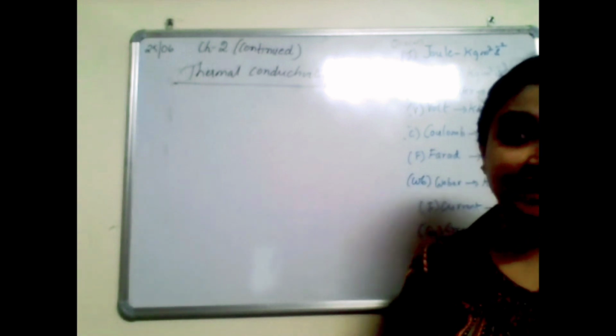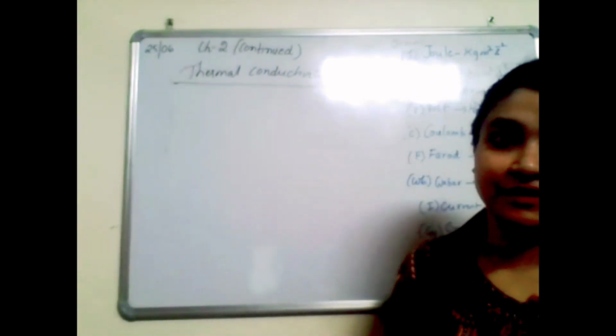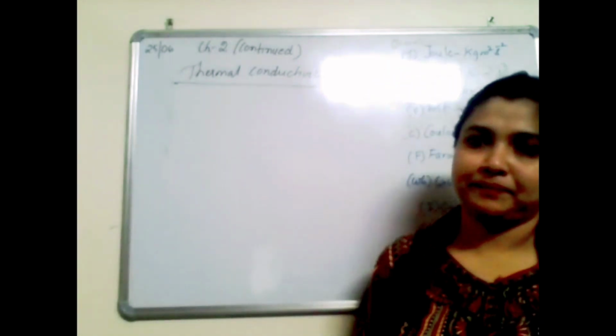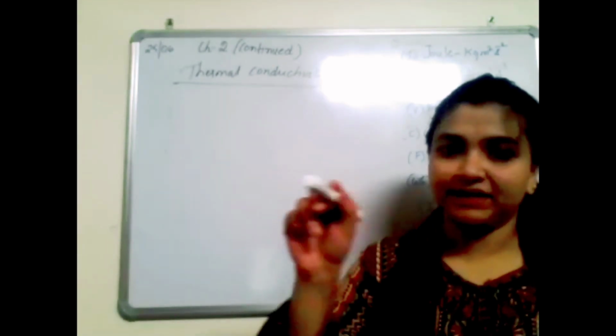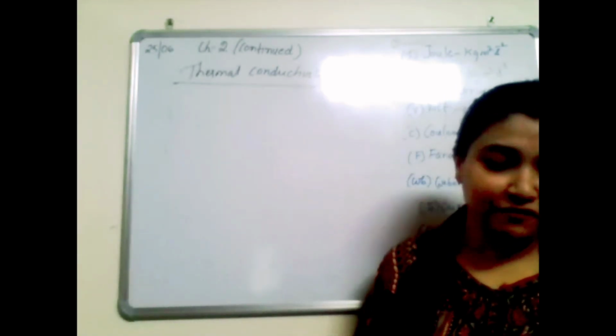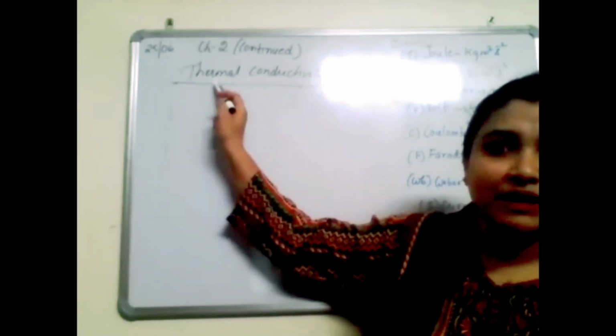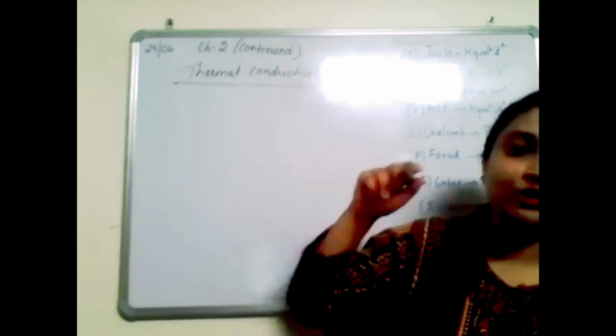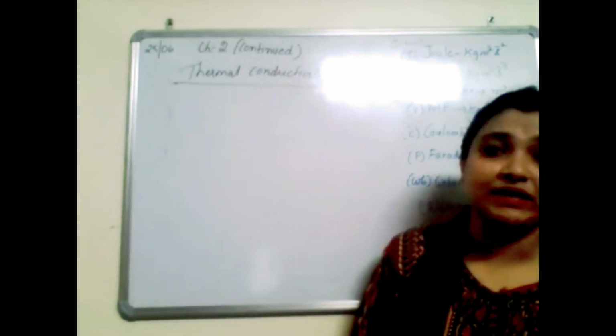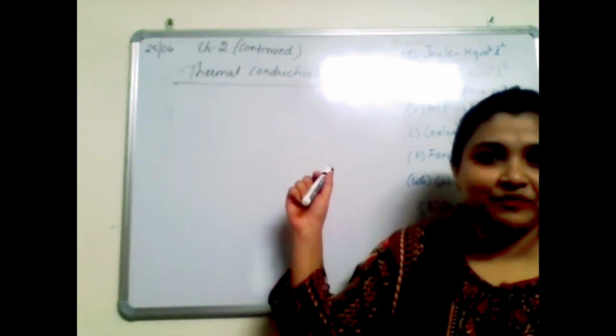What comes to your mind when I say conduction or conductivity? Ma'am, heat passing through a material. Yeah, something is conducting there. Very good, Piyusha, the ability to allow something to flow through. Thermal symbolizes heat, so how much heat is conducted in that material is thermal conductivity.